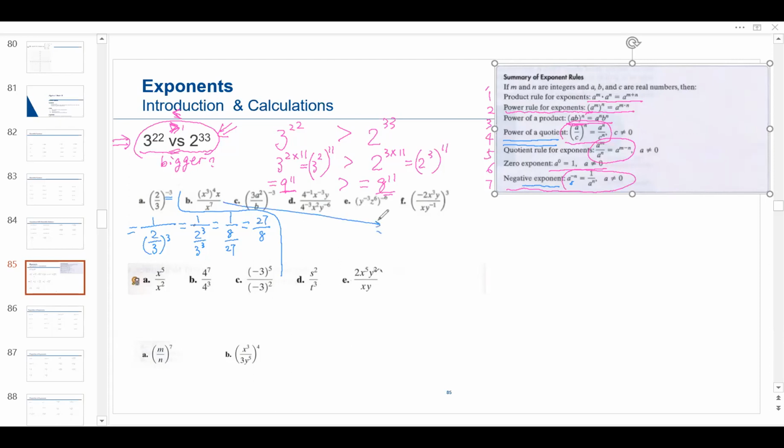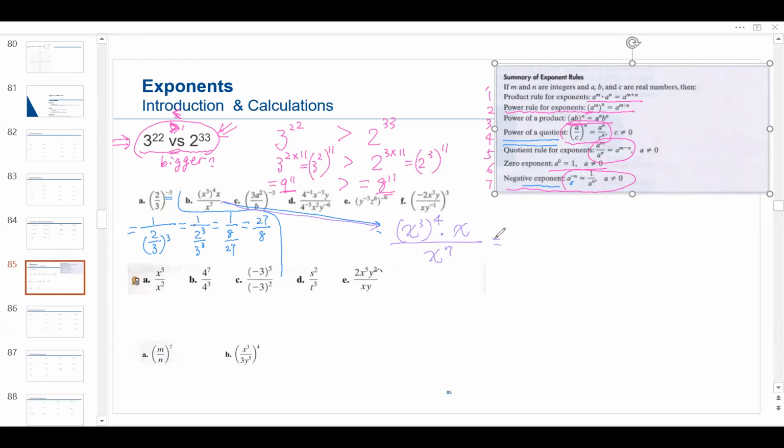Let's see number B. Let me use a different color so you guys can easily figure it out. Let's see B here. X power 3, and they are power 4 again, and power x, and then divide by x power 7. You can see the base is the same. So what do we need to do? We need to use the calculation rule.